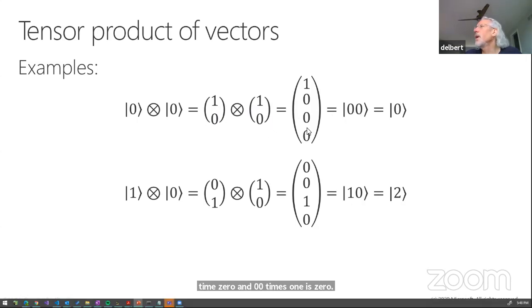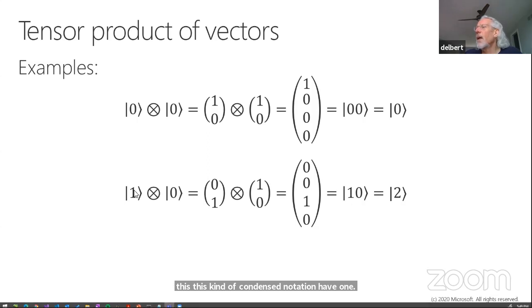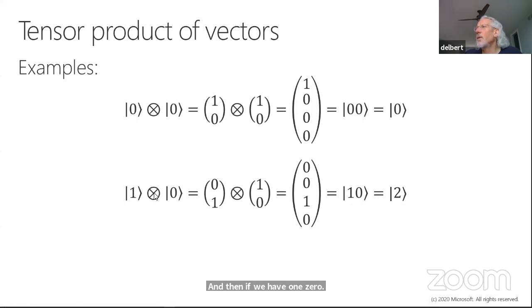So we end up with 1, 0, 0, 0, which can be shortened to this condensed notation of 0. And then if we're combining 2 states, 1 and 0, we have the tensor product of them, and we go through that same exercise again. And this time we end up with 0, 0, 1, 0.